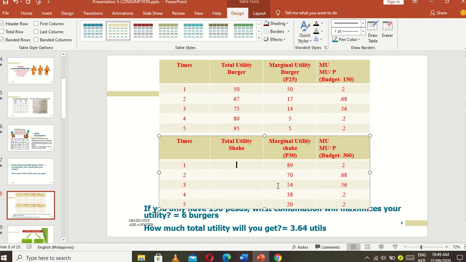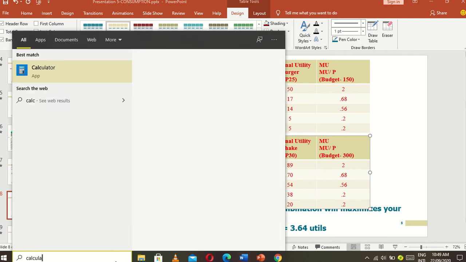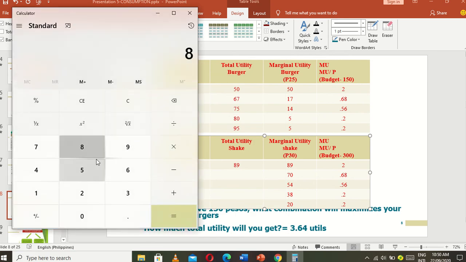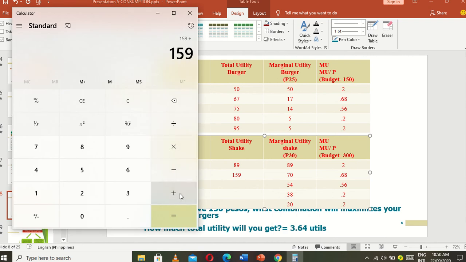So if 89 is the first one, just copy 89. And then what will you add? 89 plus 70. So that makes it 159. Then, how will you get the third one? 159 plus 54 equals 213.